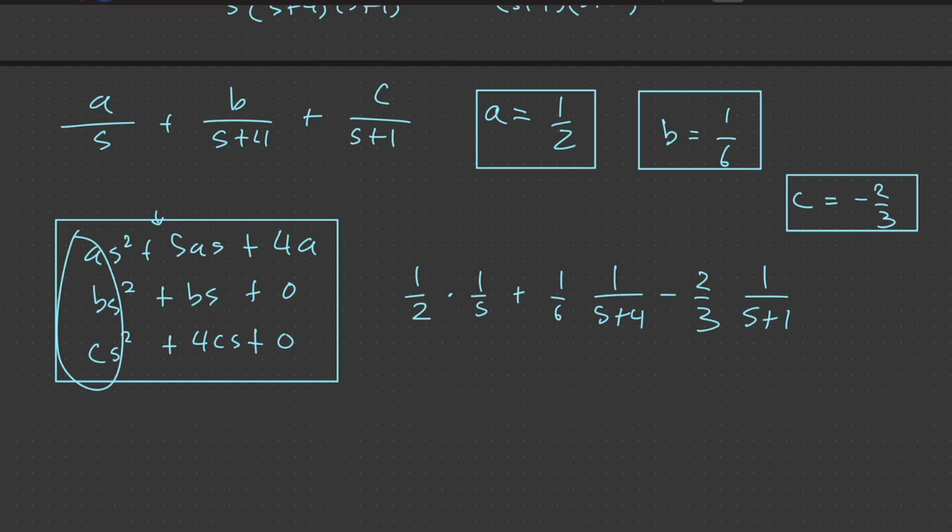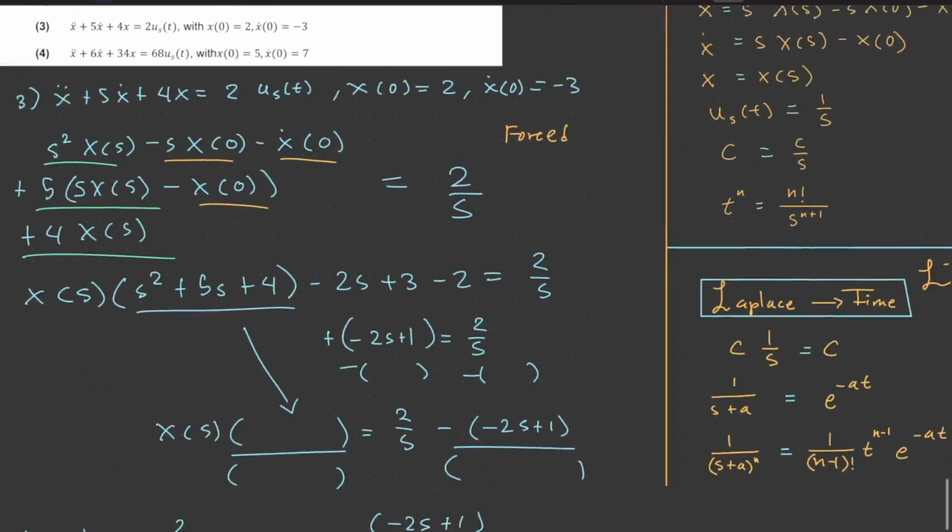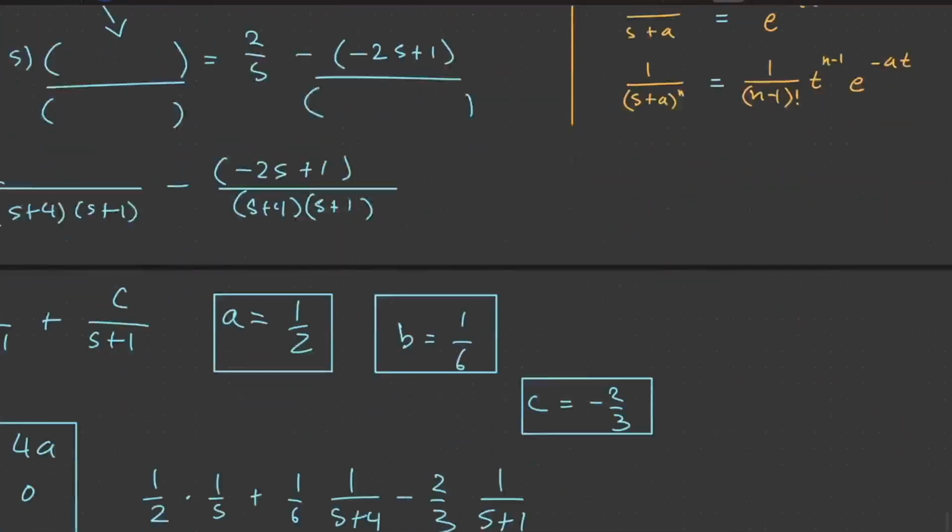So this 1/2 1/s just becomes a constant when we apply the inverse Laplace. Okay. This becomes plus constant term first, 1/6 e to the negative 4t, and then this becomes minus 2/3 e to the negative t. Okay, this is all using our inverse Laplace.